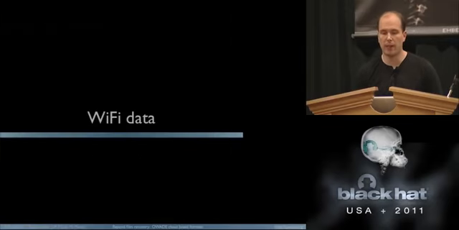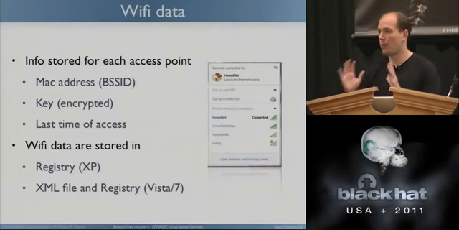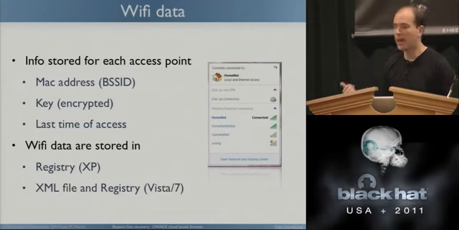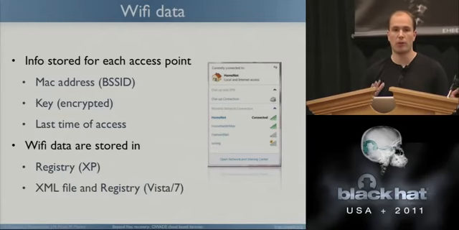How do we deal with Wi-Fi data? The information that Windows stores for every access point you ever accessed is the MAC address of it, the BSSID, its key, which is encrypted with DPAPI, so you can't read it directly, and the last time you accessed it. In Windows XP, all of this is stored in the registry.